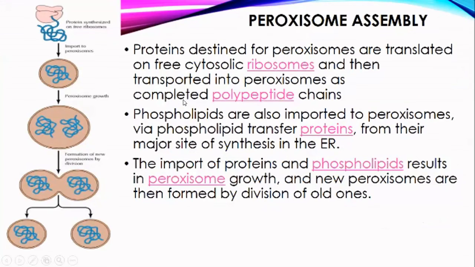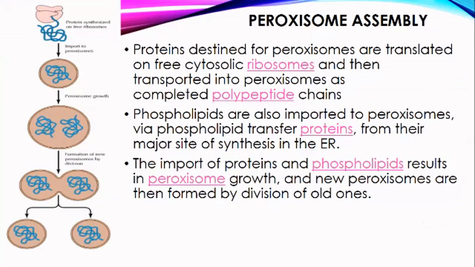Now, how about the peroxisome assembly? Now, peroxisome receive proteins from the cytoplasm. After the ribosome synthesizes or translates the protein, then it will be imported to the peroxisome. Now, the peroxisome become a complete polypeptide chain, will be directly absorbed by the peroxisome.